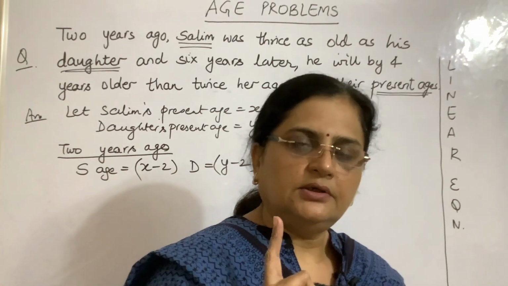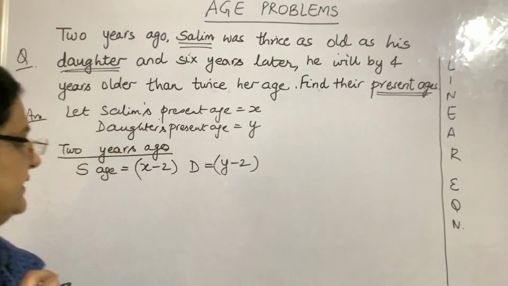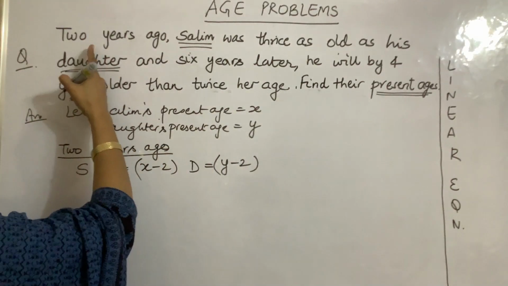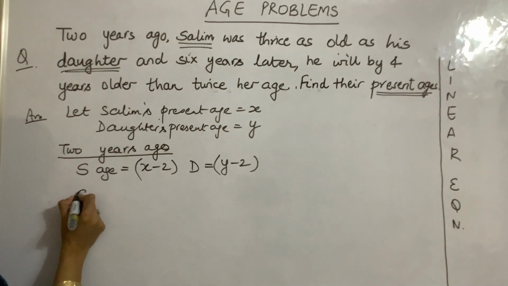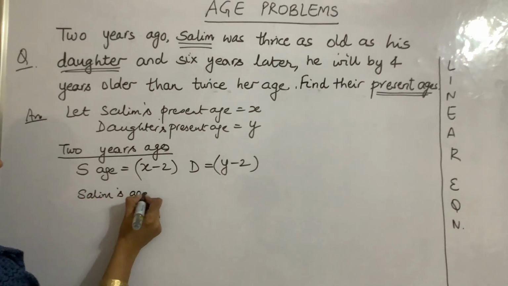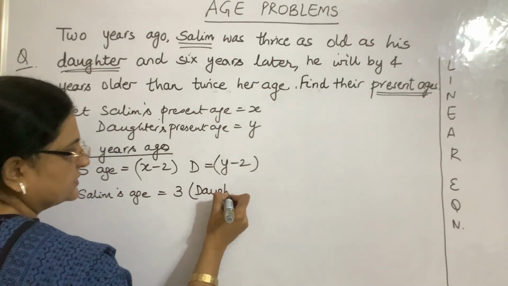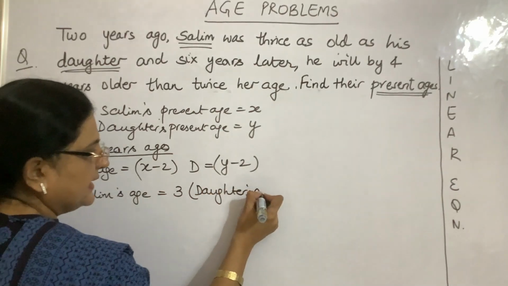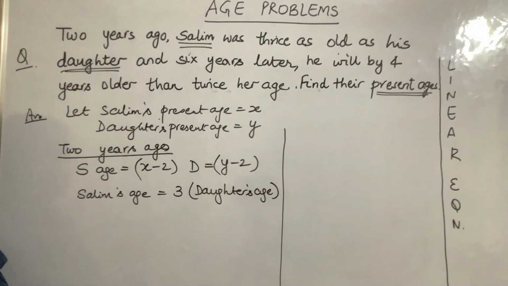Is this clear? 2 years ago means you have to subtract from the present age. So what is the equation? Salim was thrice as old as his daughter. So Salim's age is equal to thrice daughter's age. Agreed? Thrice means 3 times.